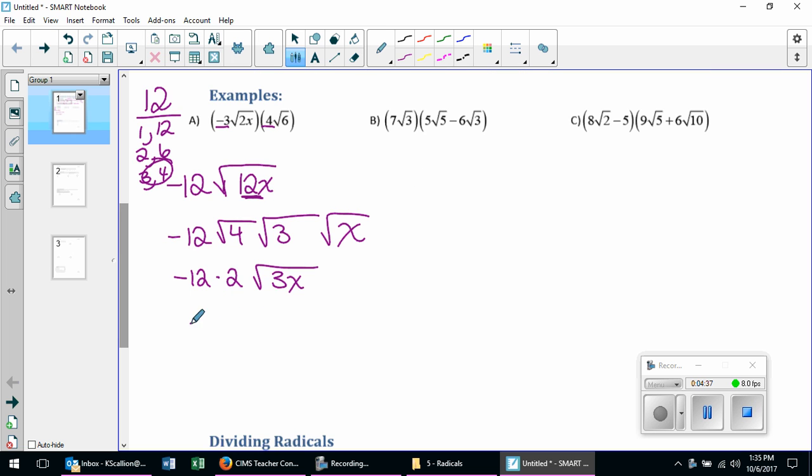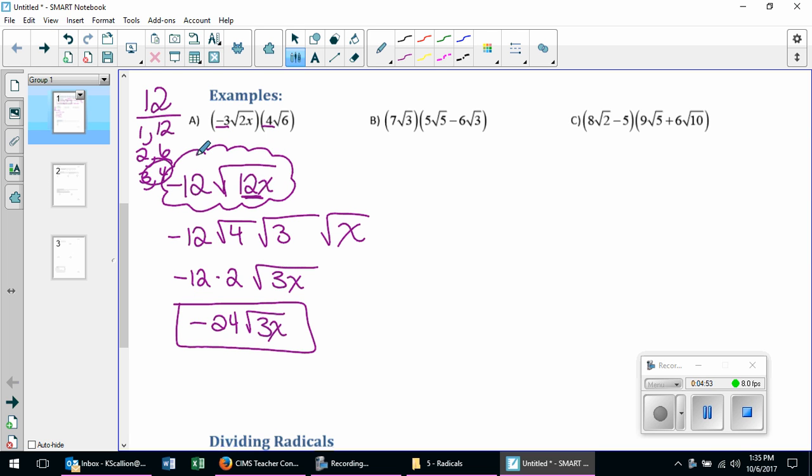So my answer is 24 root 3x. This is the answer I'm looking for. Back of the book, I'll have simplified radicals. If you left me with this, there'd be a half mark deduction because you didn't simplify it.